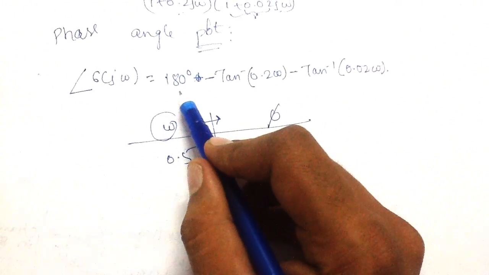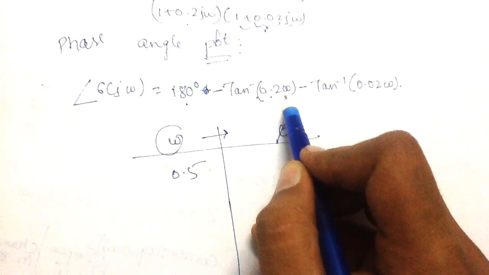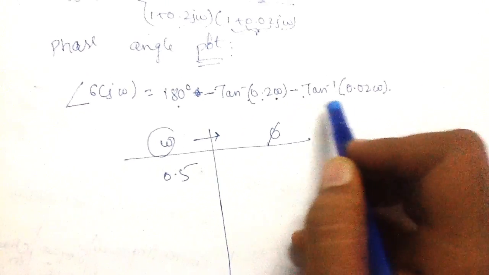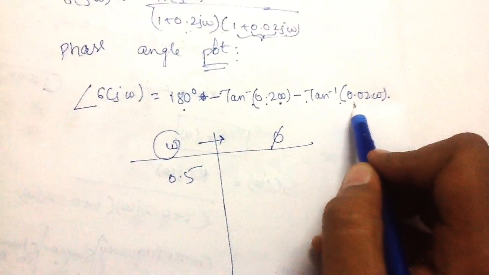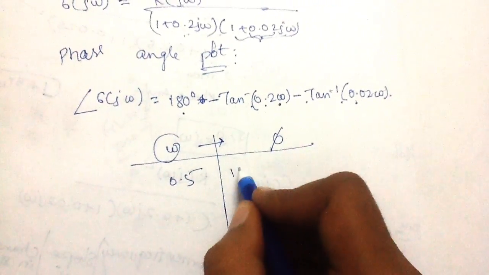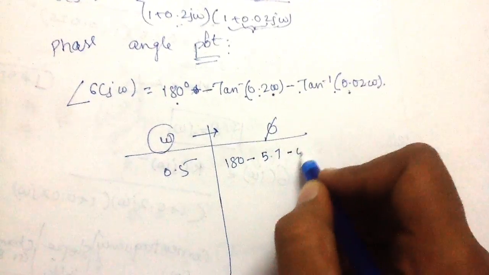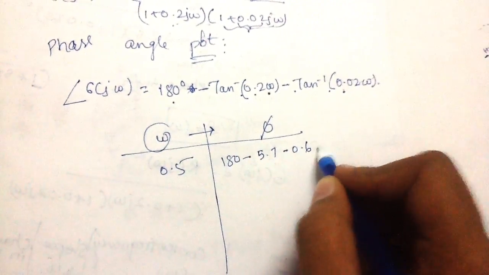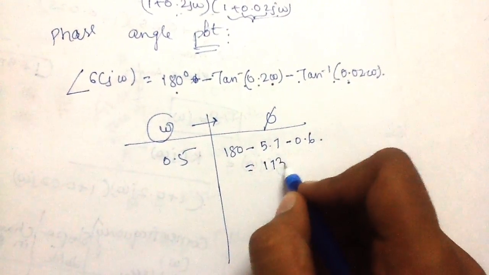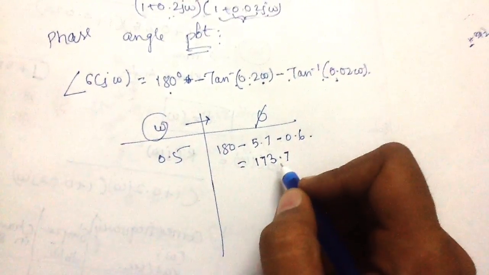You need to write 180, and tan inverse of 0.2 into 0.5 is 5.7, and tan inverse of 0.02 into 0.5 is 0.6. So you're going to write 180 minus 5.7 minus 0.6. So that is going to be equal to something around 173 point something.